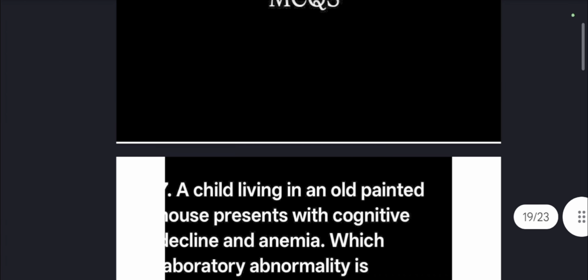Now we'll start with MCQs. Very first MCQ. A child living in an old painted house presents with cognitive decline and anemia. Which lab abnormality is expected? Increased serum iron, increased ALA in urine, decreased ferritin, or hyperbilirubinemia.